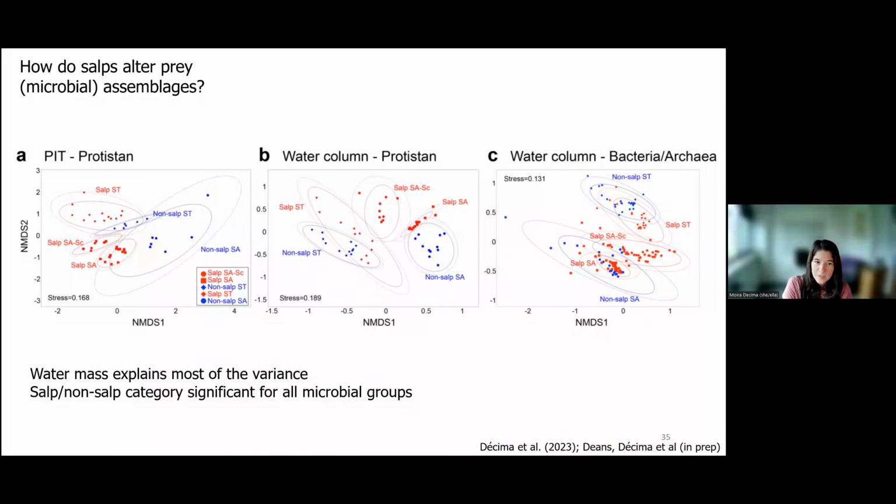The primary explanatory variable was water mass, not too surprisingly, but Salps were also important. And so we don't know if this means that certain microbial communities lead to Salp blooms, or if Salp blooms modify the communities afterwards. We can't really tell that causality, but we can say that that association was significant.